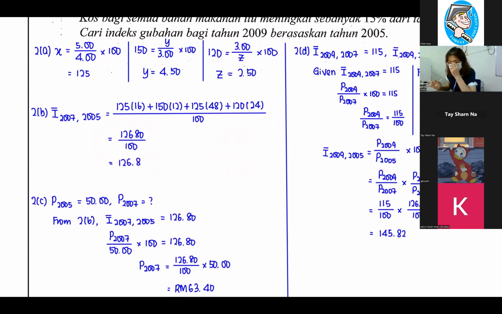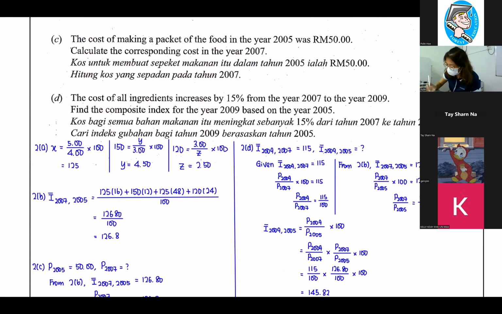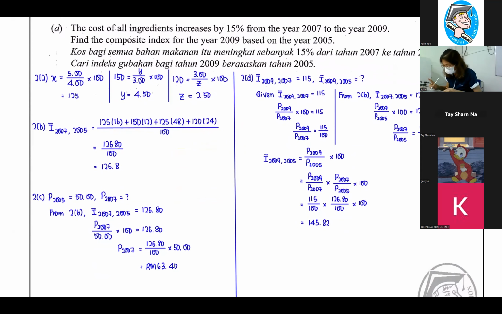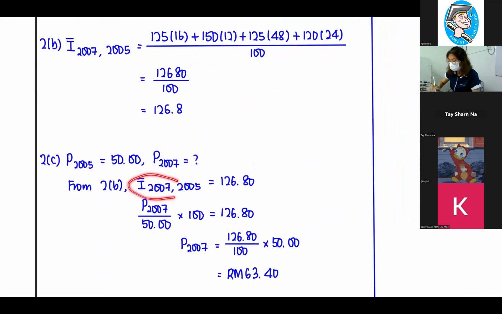Okay, 那我们来看看我们的读 C. The cost of making a packet of food, that is the final product, a packet of food. Final product is 50 ringgit. When we know this is the final product, then it means this is I bar. I bar.